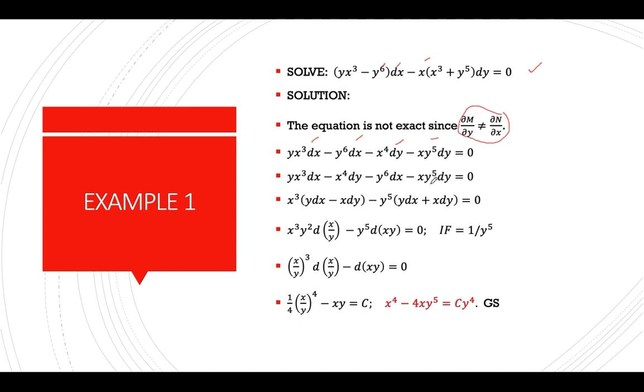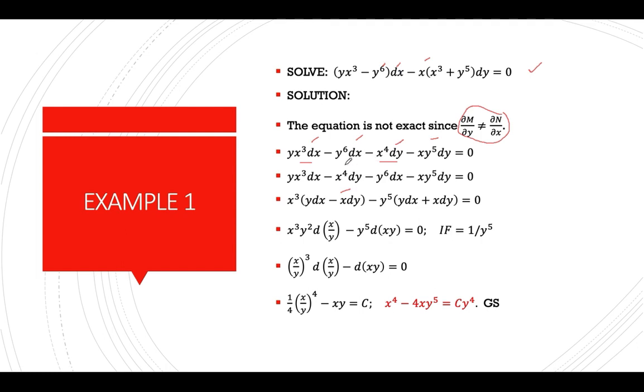And then look for the terms that can be combined. Let's say the first and the third term. You can factor out x cubed here, and that gives you y dx minus x dy.